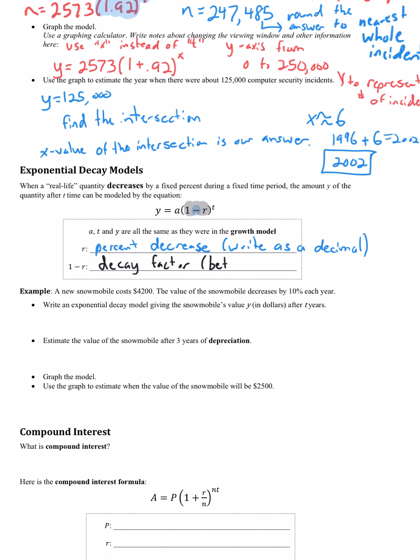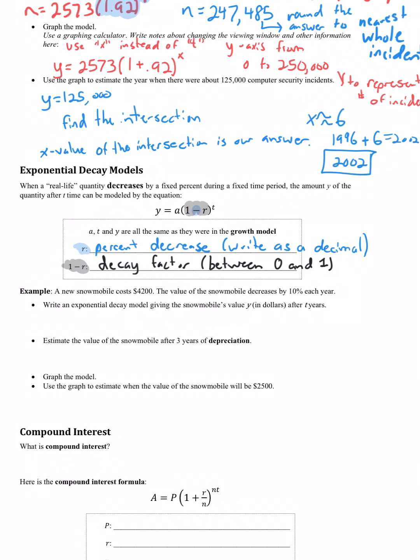It should be between 0 and 1. That's our decay factor. The r and the 1 minus r. Same exact formula, you can do exponential decay.